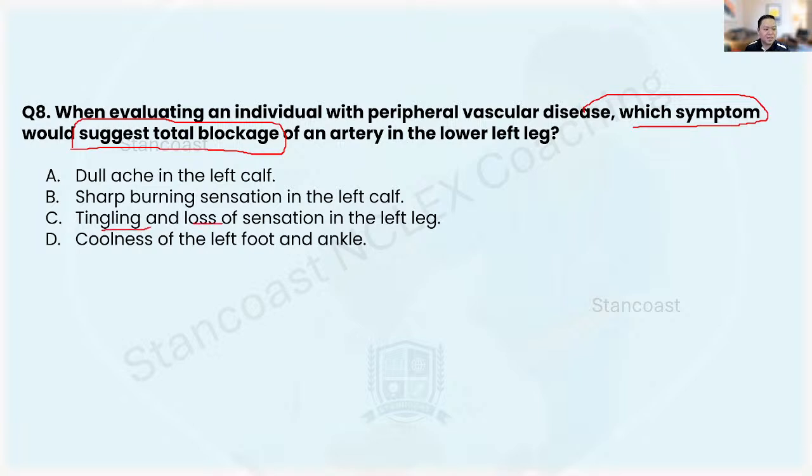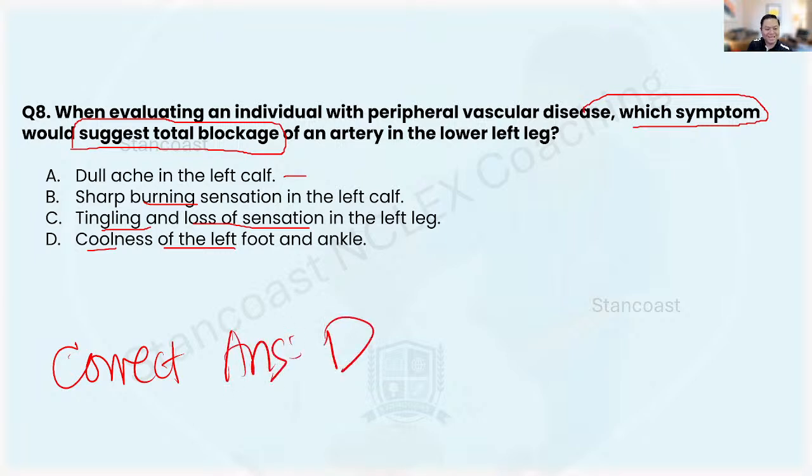Tingling and loss of sensation in the left leg, coolness of the left foot and ankle, dull ache in the left calf, sharp burning sensation in the left calf. All right. Let me write the answer first and we will explain about that. The correct answer is letter D. We'll just park it for a few seconds here.